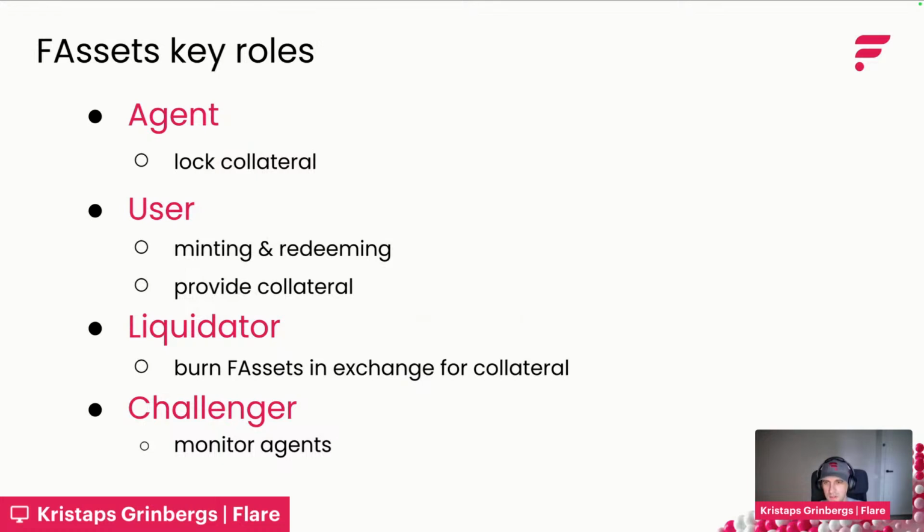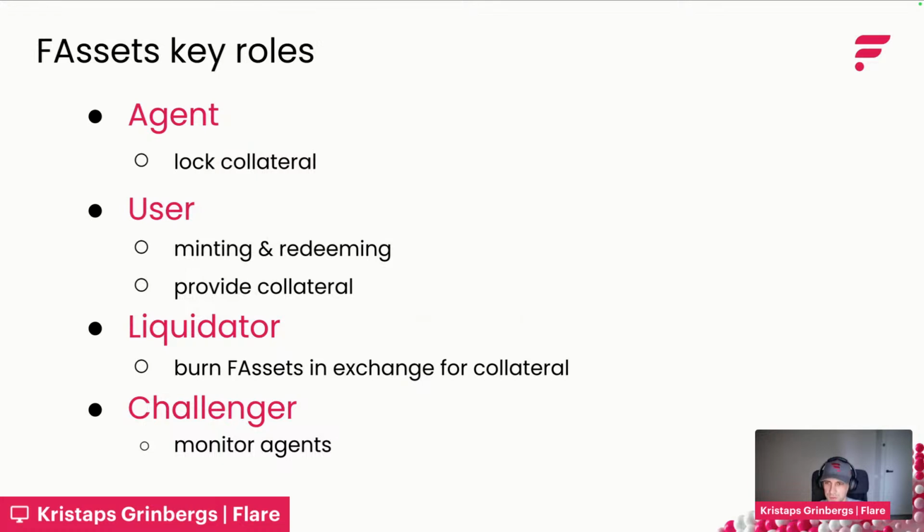They lock collateral in stablecoin and in the native token, which is FLR on the Flare network. Basically, it means they have locked collateral, so they cannot just take your funds and run away. That is the concept of why this collateral is needed.